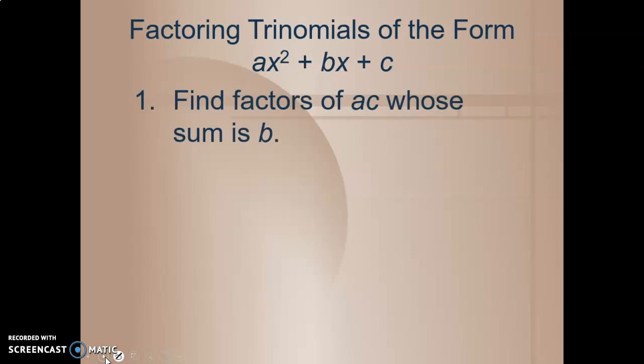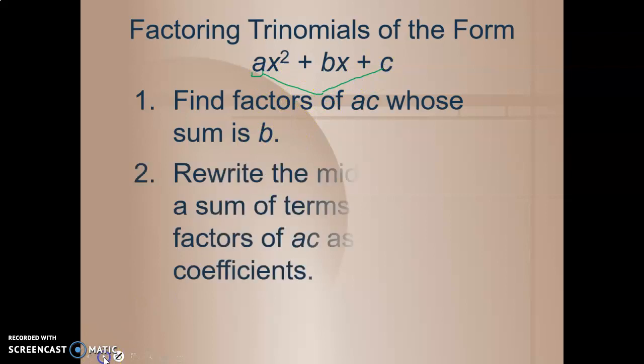When you're factoring trinomials of this form, ax squared plus bx plus c, and actually any quadratic expression or quadratic equation will work with this, even if your a is 1, you want to find factors of a times c whose sum is b.